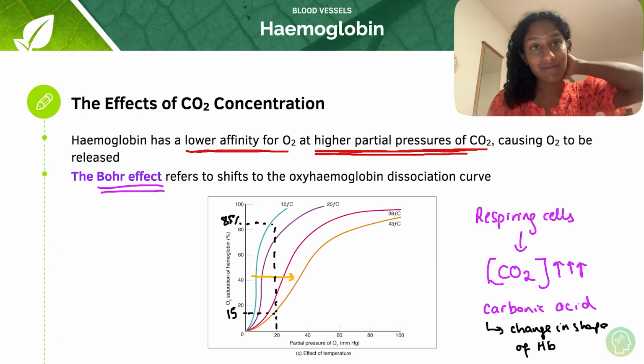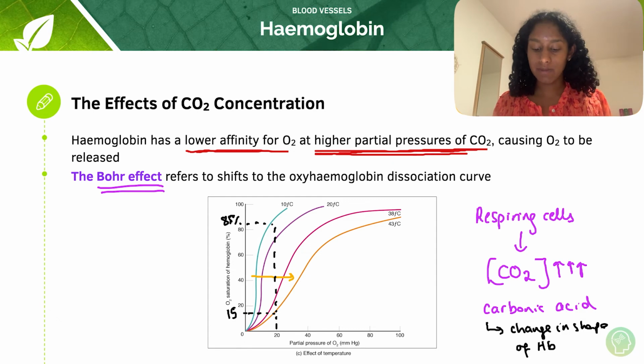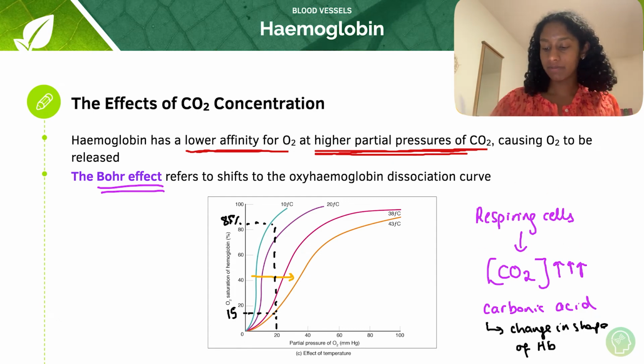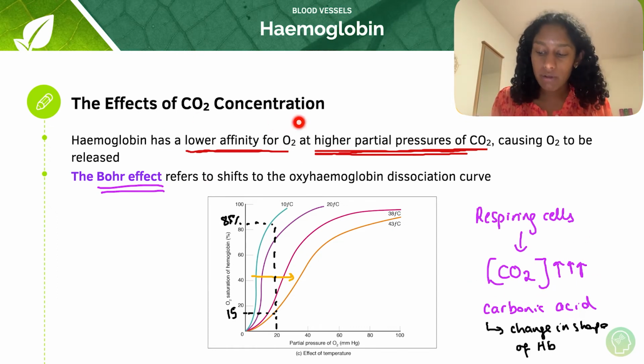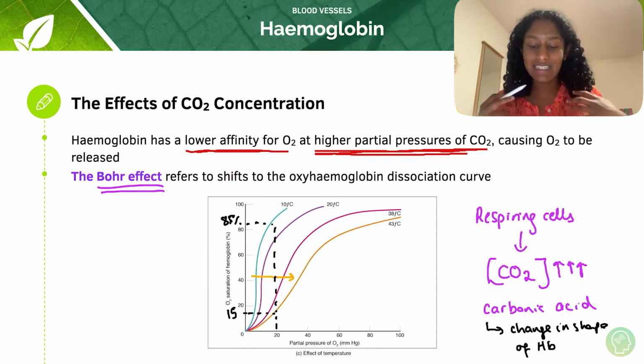Again, you can work it out from first principles, because in our respiring cells, we have higher concentrations of carbon dioxide. Therefore, we want our haemoglobin to have a lower affinity for oxygen so that it releases oxygen, and vice versa.